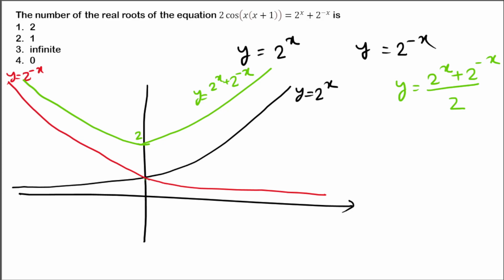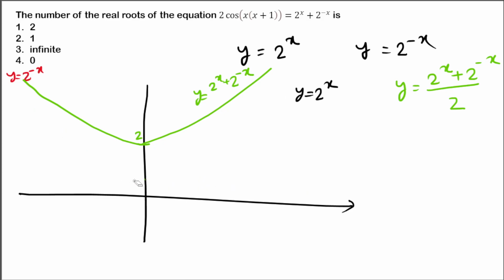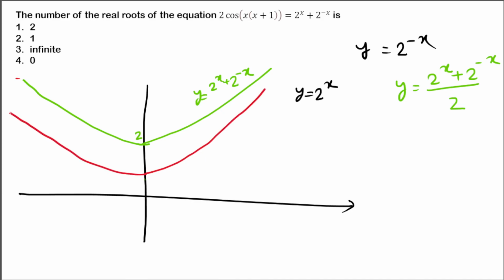First of all we will delete this, as it is not important right now. So this is the only equation we have. Now it will come down again to some point, something like this, because we are dividing it. So this equation is now y equals to 2 to the power x plus 2 to the power minus x by 2, and this point is 1, because 2 divided by 2 is 1.